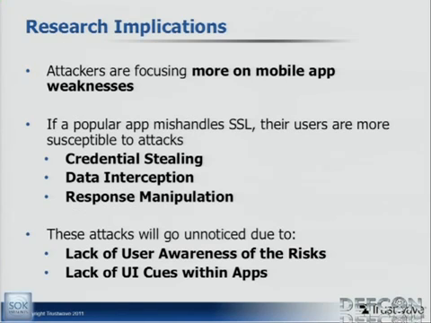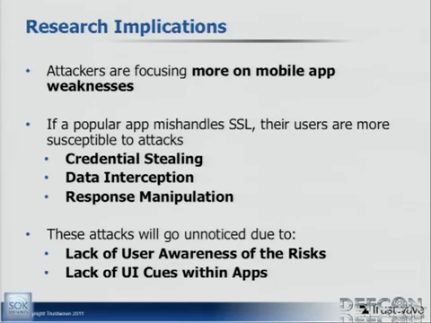So whenever you're doing security research, there's always the implications of your research, and obviously, something that we talk about today could be used by someone to do bad things tomorrow, and basically, due to attackers really focusing on the mobile app world and the mobile device world, obviously the results of our research can be used, like I said, to do bad things. Specifically, if there's problems with SSL, they can be used for credential stealing, data interception, even response manipulation back to the client application.